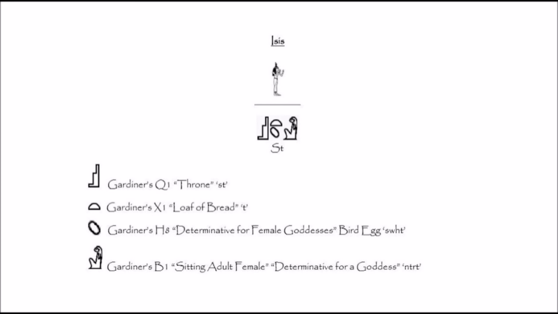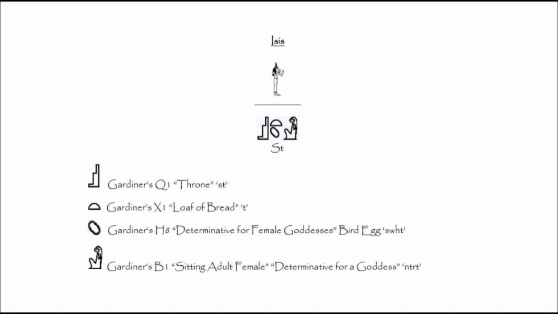This is Gardner's H8. This is a determinative for female goddesses. It is a bird's egg, and despite what it shows in the phoneme, it's not sat. It's swat.